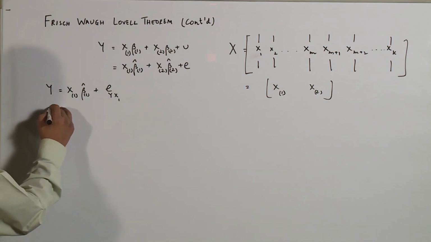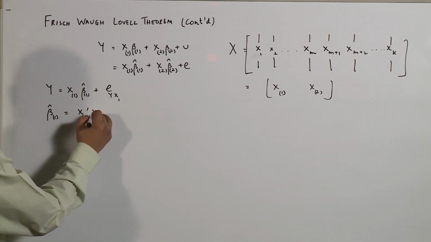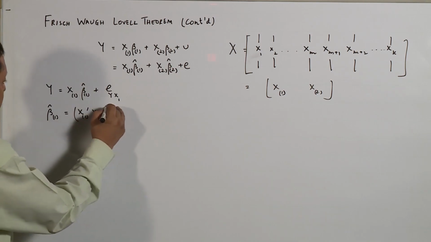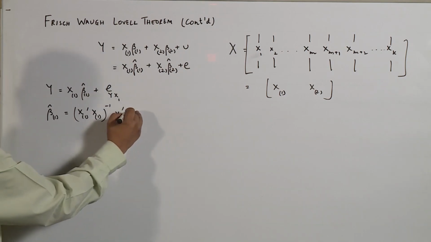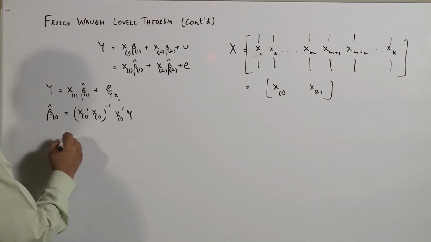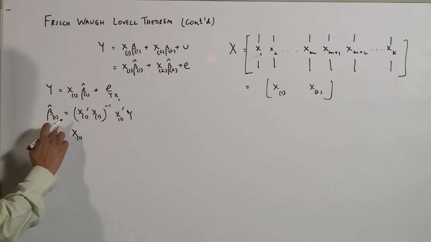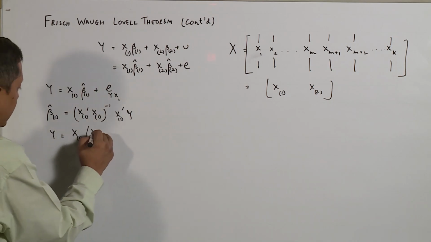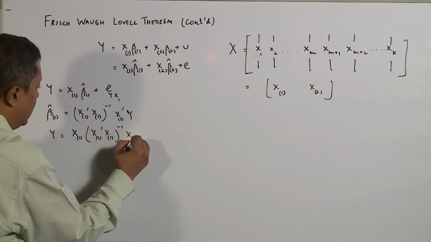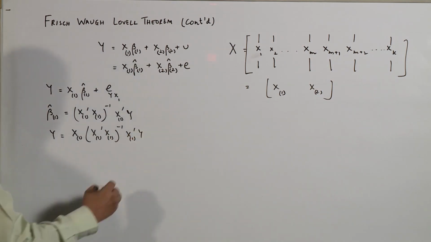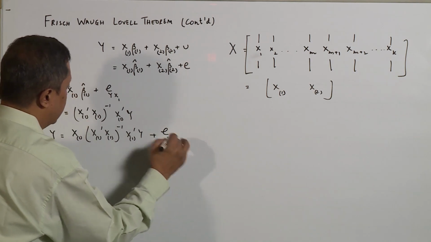This beta 1 hat is going to be (x1' x1)^-1 x1' y, and therefore y will be equal to x1 times beta 1 hat, which is (x1' x1)^-1 x1' y, plus E when y is regressed on x1.